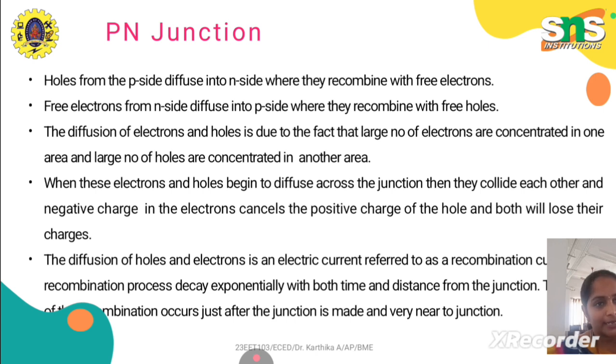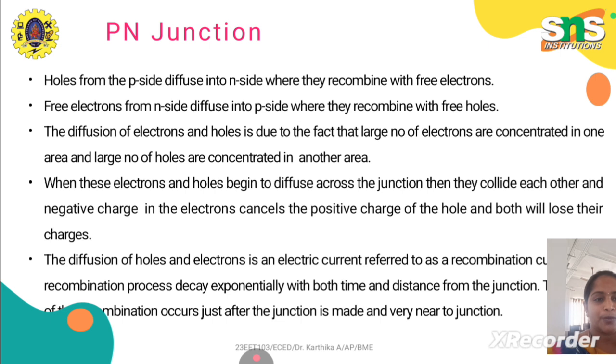When these electrons and holes diffuse across the junction, they can collide with each other, and the negative charge of the electron cancels the positive charge of the hole, and both lose their charges. This is referred to as recombination.